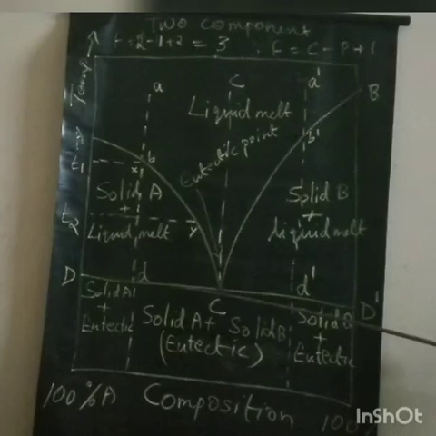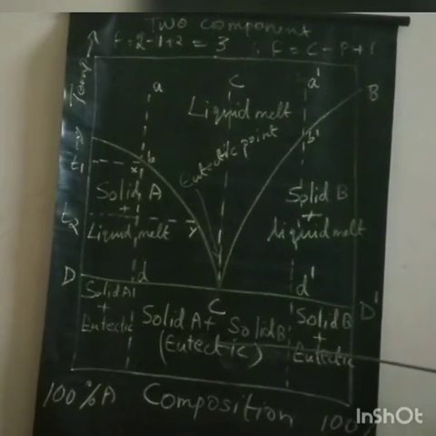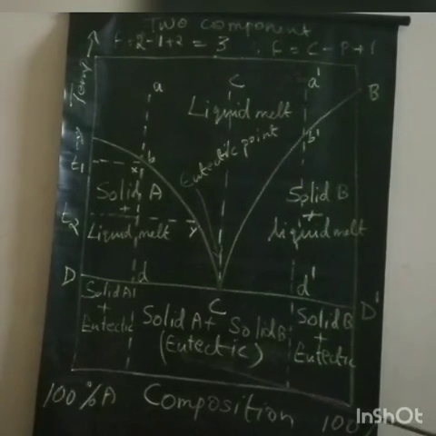And in the area below the line BCD dash, we have only solids: either solid A, solid B, or a mixture of solid A and solid B. Only two solid phases exist, solid A and solid B, and the system will be univariant.